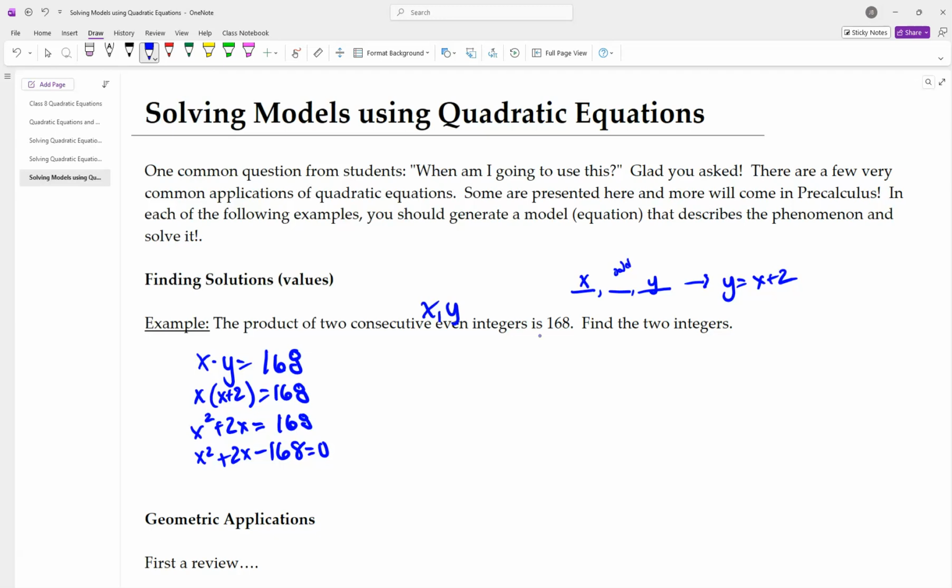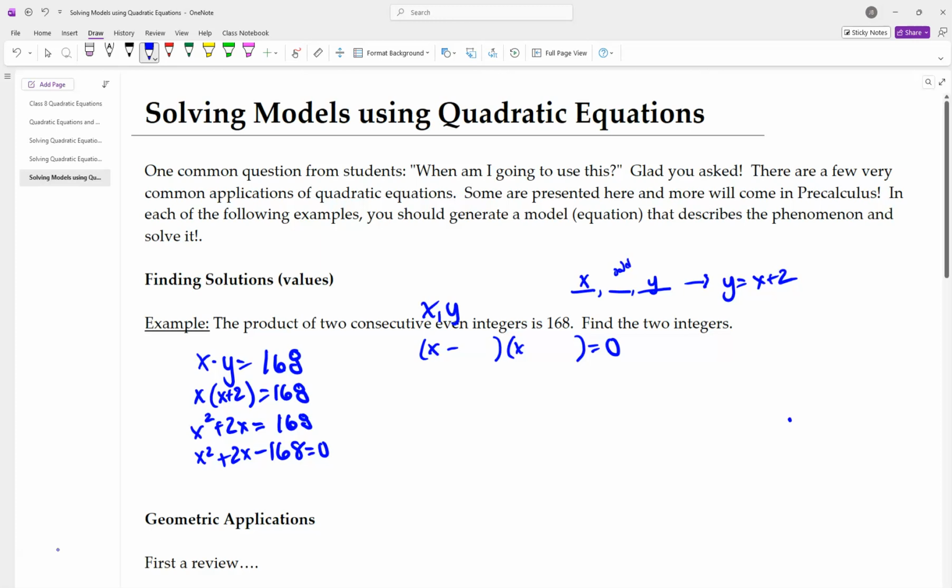I think I like factoring. So I'm going to do (x )(x ) equals 0. I need a negative 168, so I'm going to just try guess and check here. They're opposite signs, it looks like. Guessing and checking took me a moment off screen.